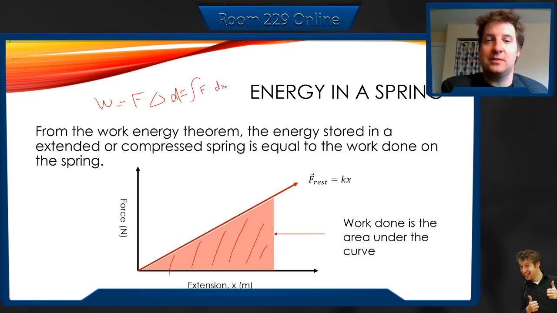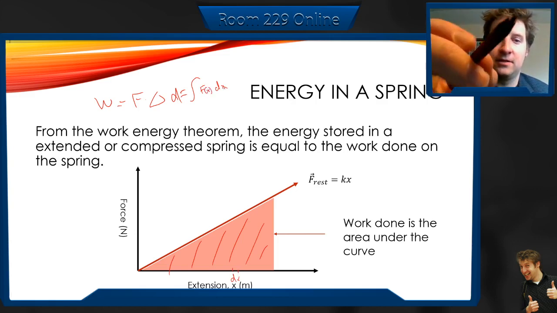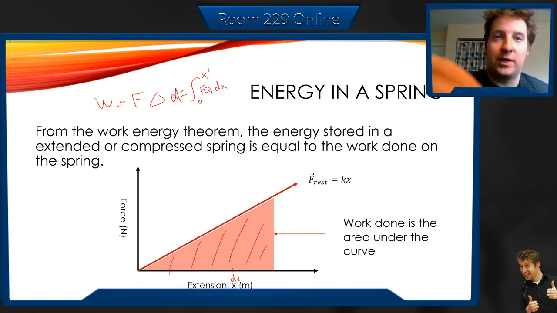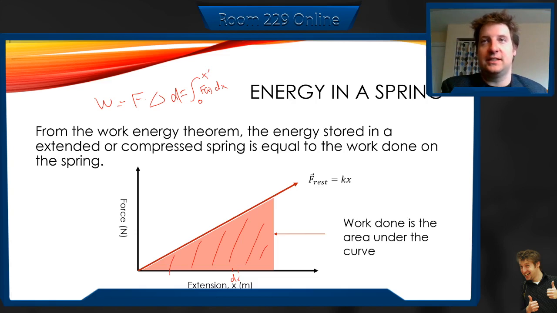So the infinitesimal piece here, dx, and then I have the function F, let's say force as a function of x, dx, from my original point to, let's say, point x prime that represents the full extension. That's the calculus way of doing this.